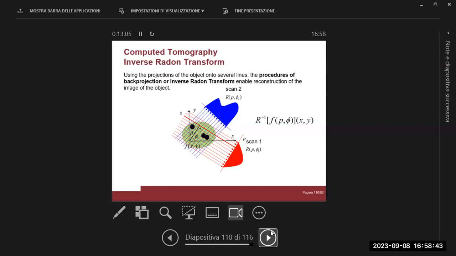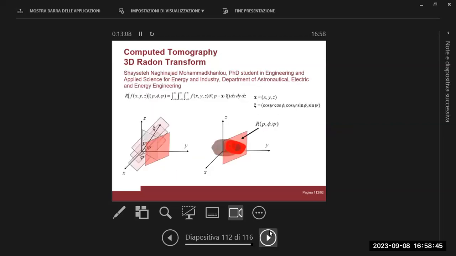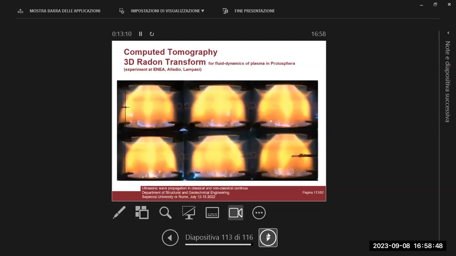And we did that. We expanded the theorem to 3 dimensions, and we applied it to the image of the light emission of plasma. This is an experiment which is ongoing at Enea, and this is helium plasma, or hydrogen plasma generally.